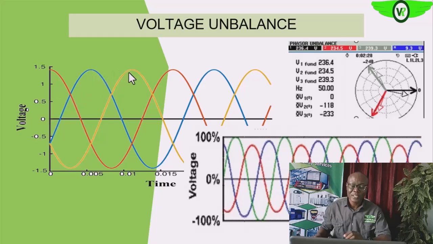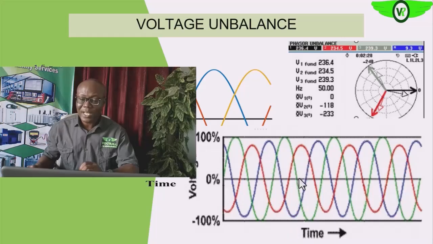Are you getting it? Then the voltage will not be balanced if any of these phases is higher than the others, as we can see on this other voltage signal, or waveform, on the right of your screen. If you look at it, you'll see that the three phases are not balanced, they are not equal.